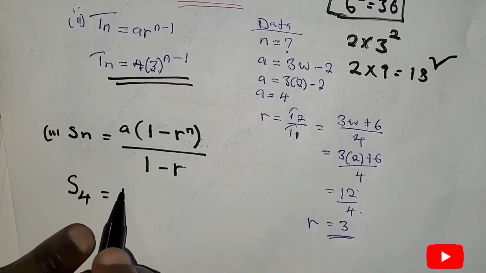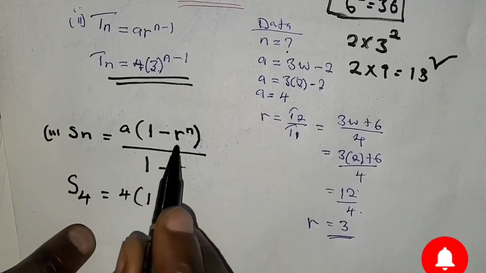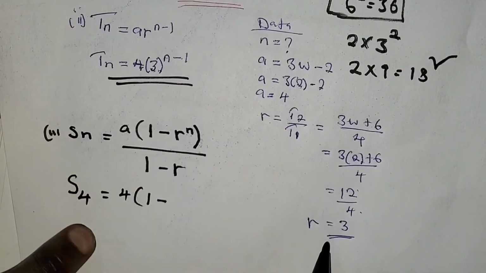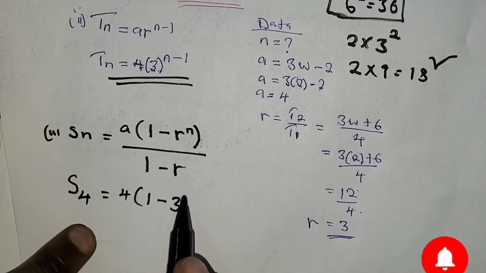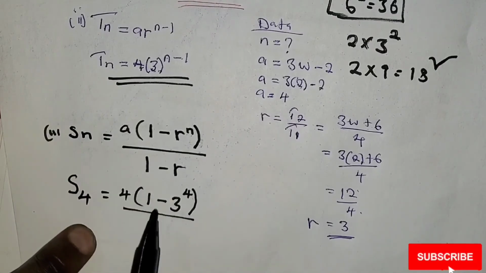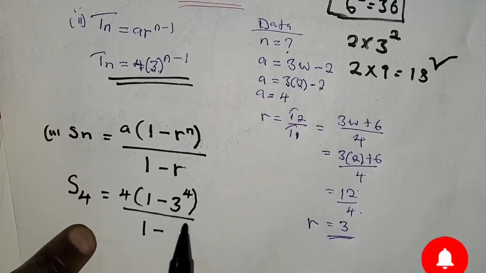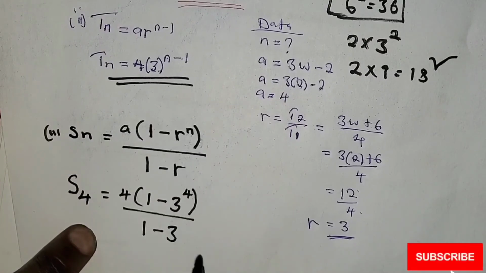So we substitute 4, open bracket, 1 minus the common ratio, which we've already calculated as 3, so it will be 3 to the power n, which is 4. Then down here it will be 1 minus r, which is the common ratio, not r squared but just r.